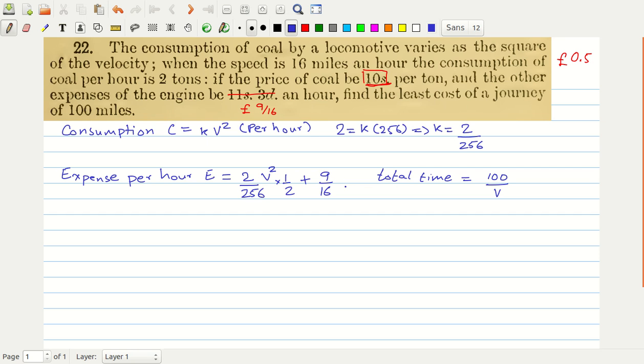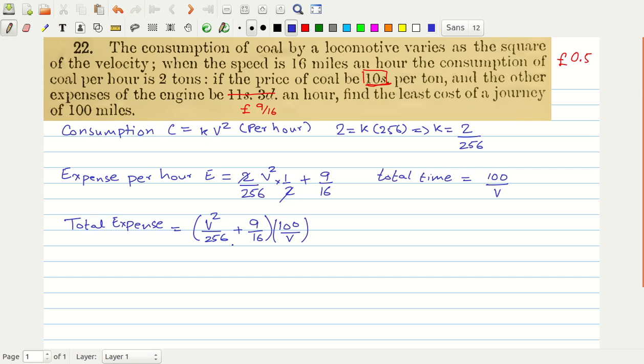So what will be the total expense? Total expense will be expense per hour into total time. This cancels out, so you get v square by 256 plus 9 by 16, times 100 by v.